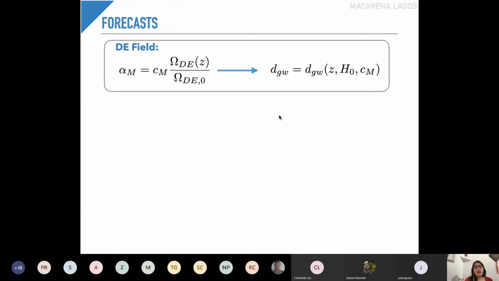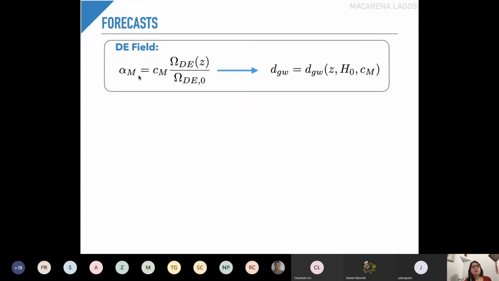So now let's try to get cosmological constraints from this gravitational wave distance. I recall that I said that all these alpha parameters do have a time evolution. I mean, they could have a time evolution. They could also be constants if you want.